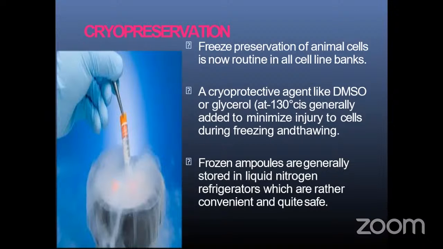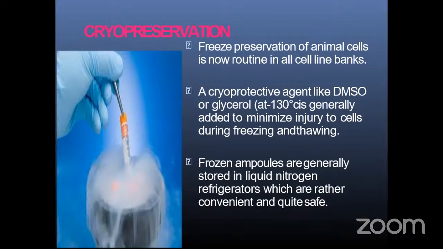To get maximum protection, we can use DMSO, dimethyl sulfoxide, or glycerol. In a small 1 ml tube, you add the cells with media, and above that you add the DMSO.